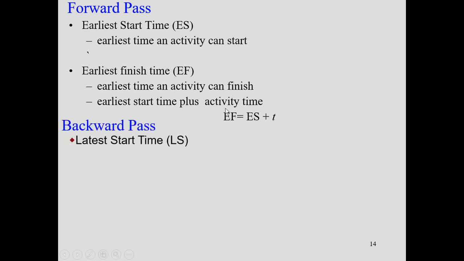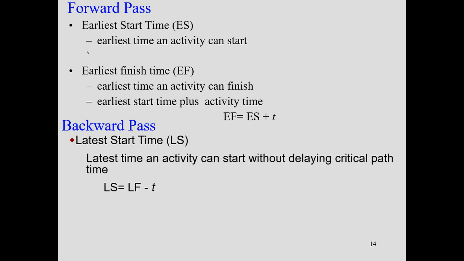Now if you look at the backward pass, it means we are moving from the end node to the starting node. In such cases, we follow different time estimates, which are called latest start time and latest finish time. The latest start is indicated by LS, which you can calculate: LS is equal to LF, the latest finish, minus T. Again, T is the duration of the activity.